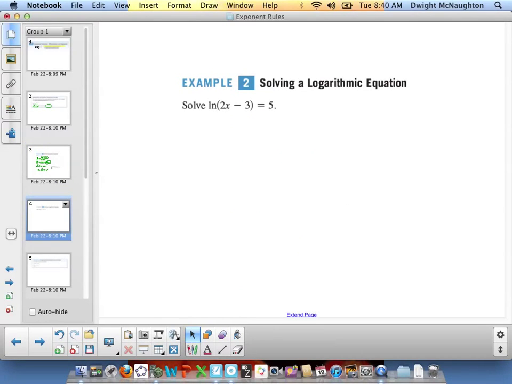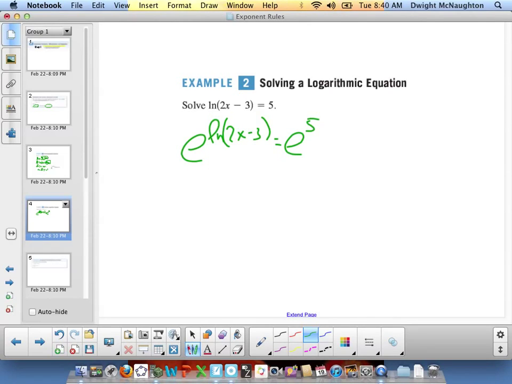We can also solve a natural log equation using the fact that it's the opposite of an exponent. So we'll take e to both sides. e to the natural log of 2x minus 3 equals e to the 5th. Here e and natural log are opposites, so they'll cancel. 2x minus 3 equals e to the 5th.